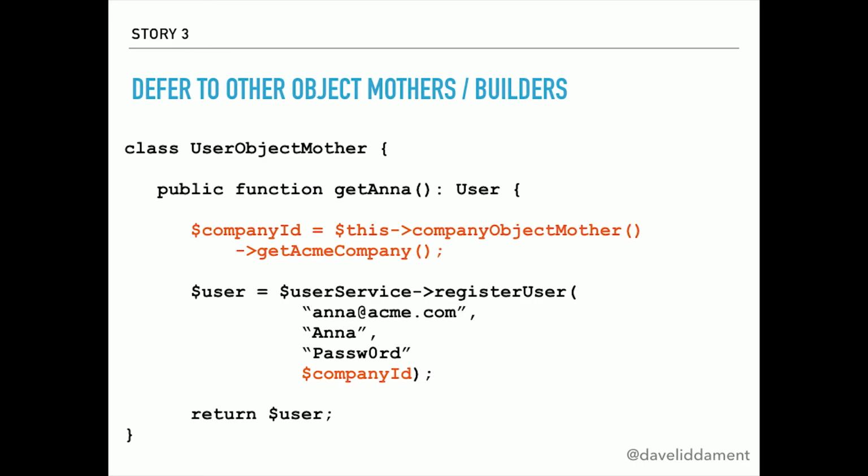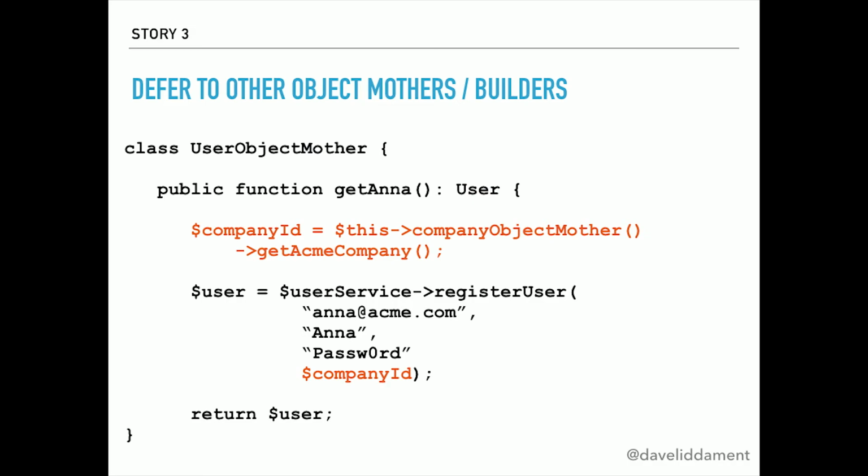But the important thing is that object mothers and builders will probably defer to other object mothers and builders. So in the case where we're creating Anna, and now we need to specify what company Anna belongs to, what we can do in our user object mother is defer to a company object mother. We're responsible for building the company that Anna belongs to. So we can say, go and get me Acme Company.